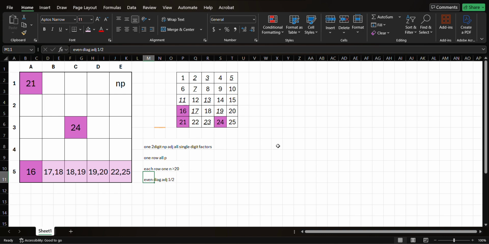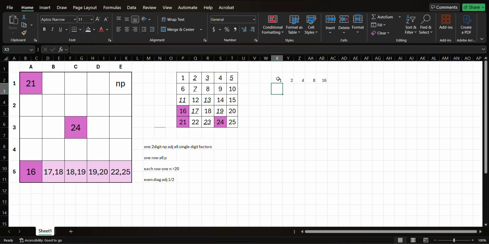Evens are adjacent to halves, so if we write them down, we're going to have 1 is adjacent to 2, it's adjacent to 4, 8, 16, and that's it.